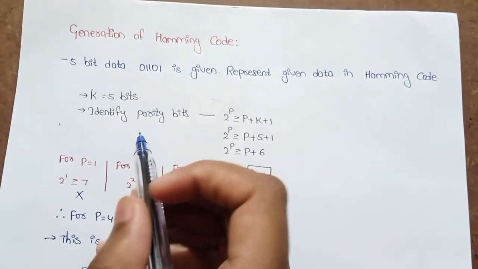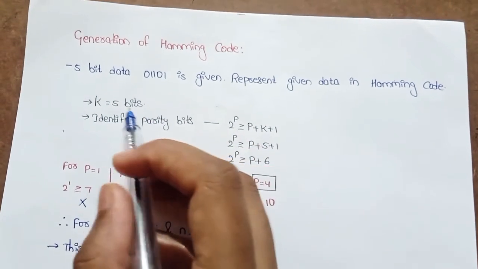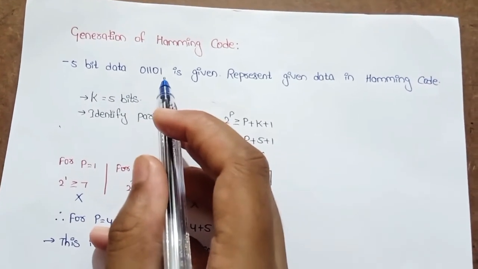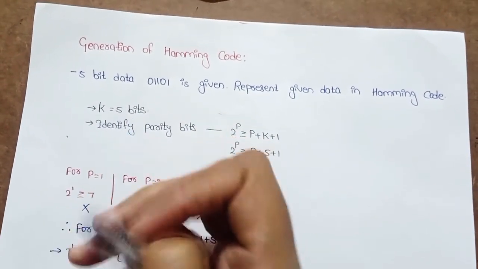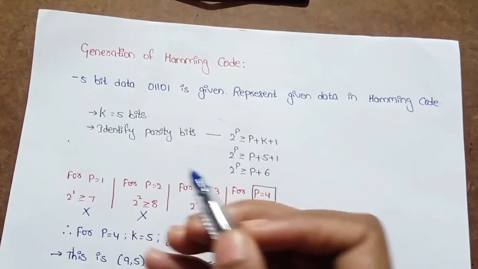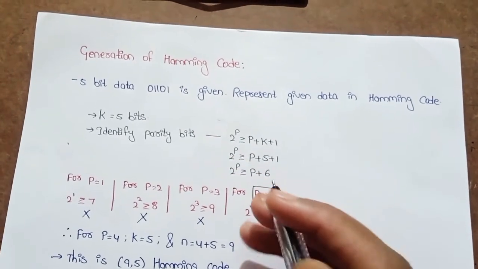Let's see the question here. So see here we have the given data with total number of message bits, that is k equals to 5 bits, which is given to us. Right. Now, our agenda is to identify how many parity bits are there in the given code.